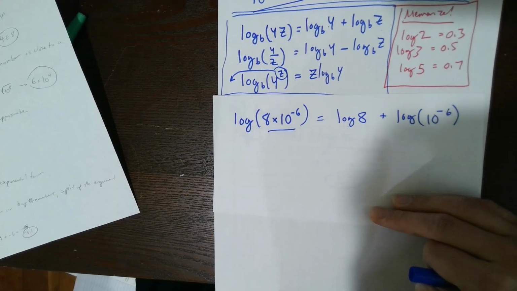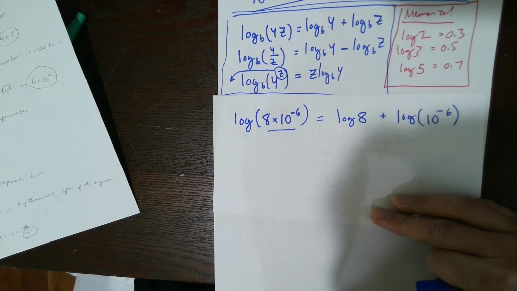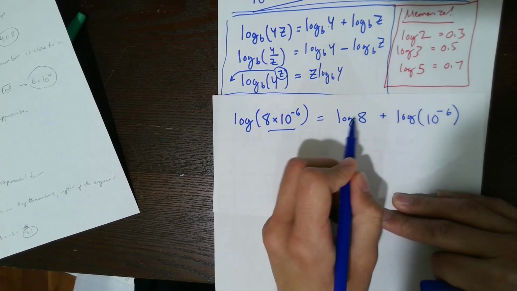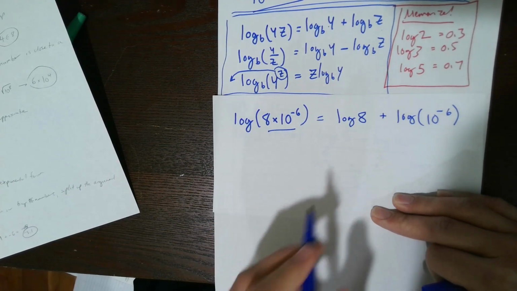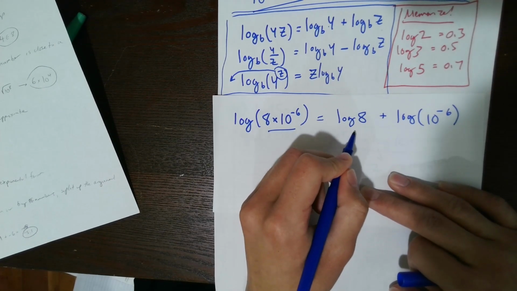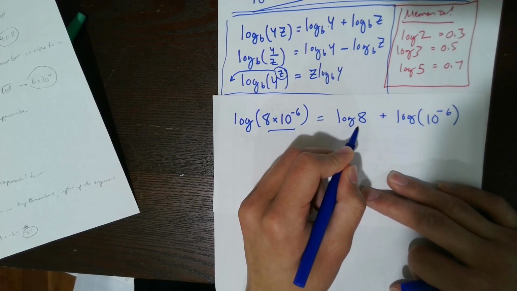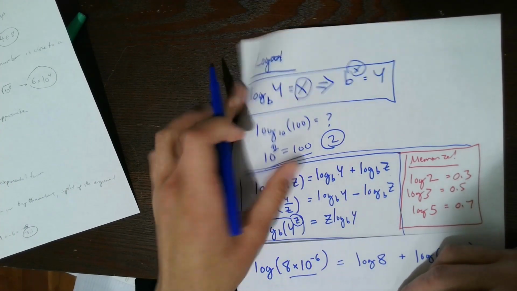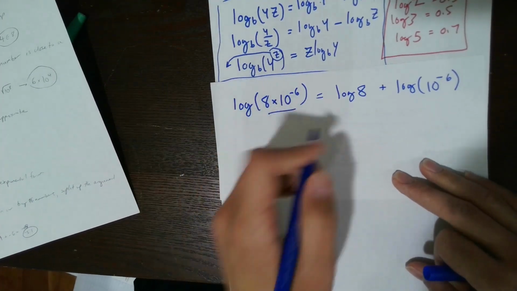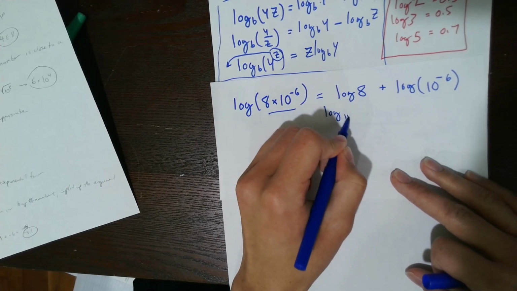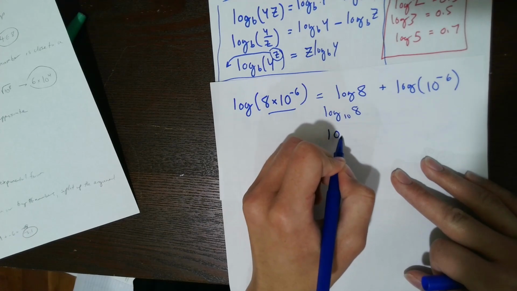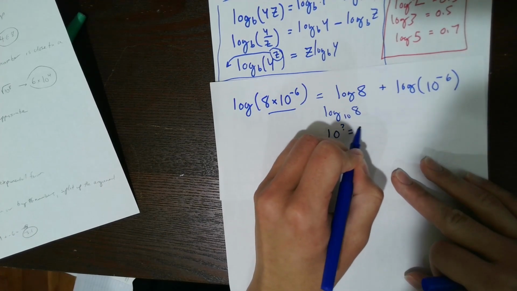All right, so here's what we're going to do. Now we have to evaluate these two parts. So log of 8, let's try to write it as exponential form. This form right up here. So log base 10 of 8, which means 10 raised to some number is going to give us 8.